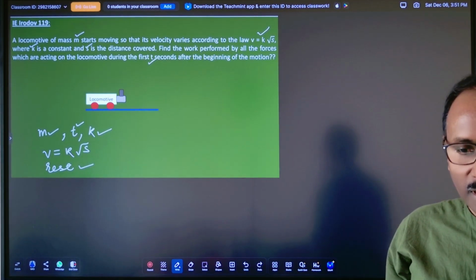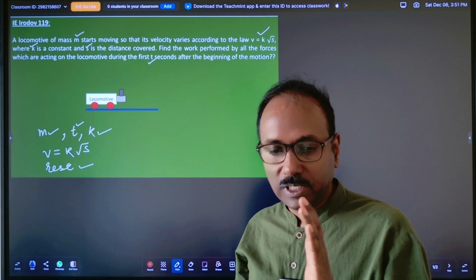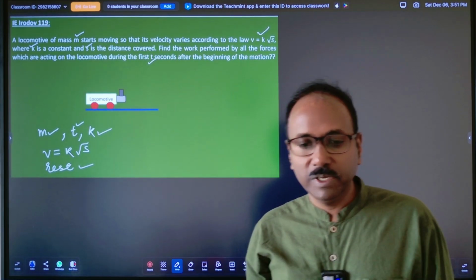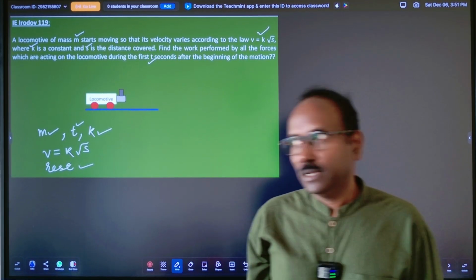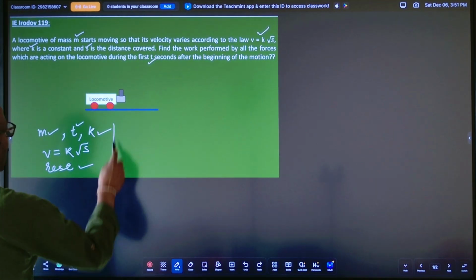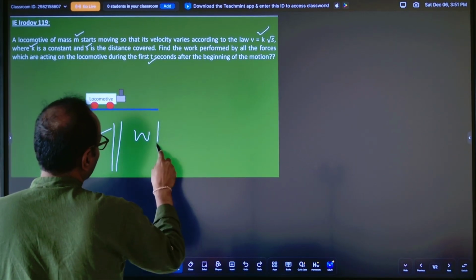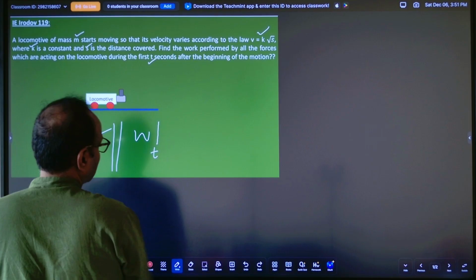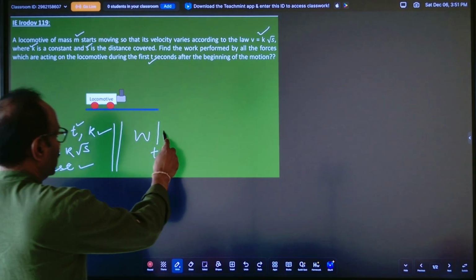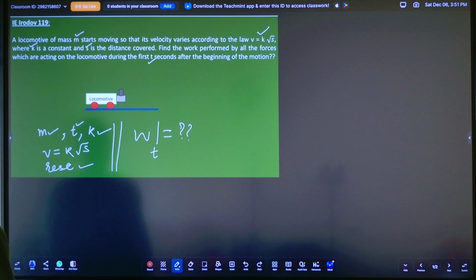It means the angle between the force and the displacement will be zero. Now what is being asked? Work done by the force in the initial t interval of time. This is being asked in the question.